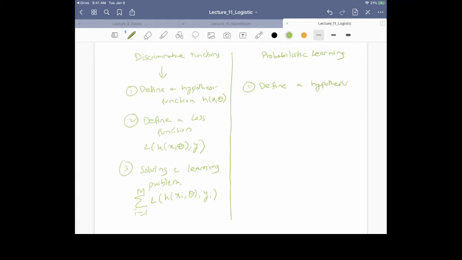So we define a hypothesis function h of x comma theta. And since it's a probabilistic perspective, we define a corresponding probability distribution.